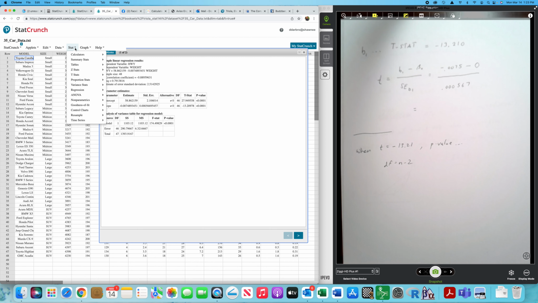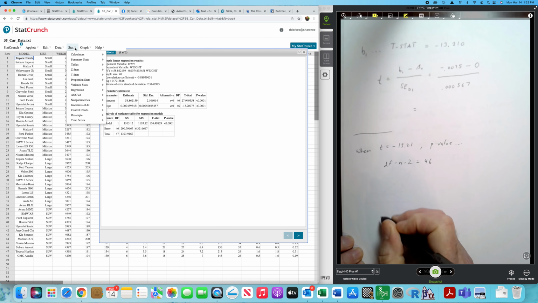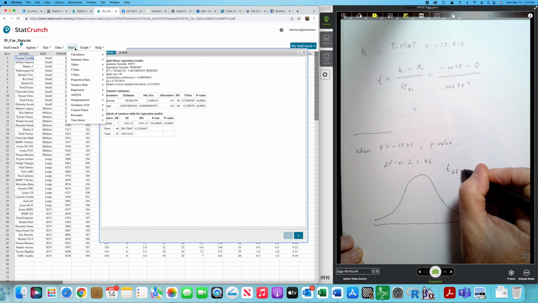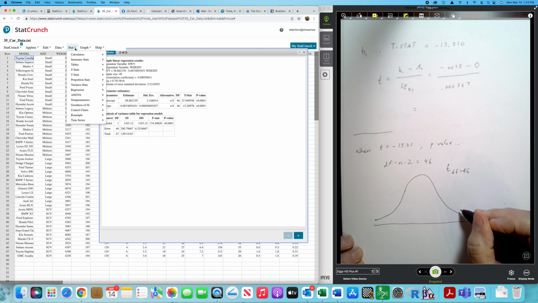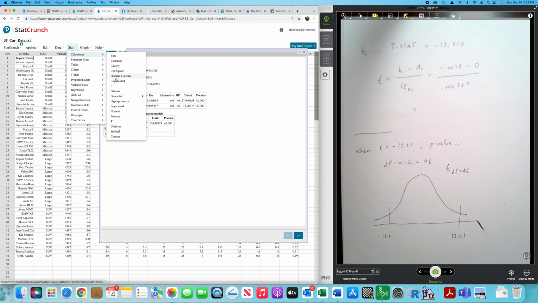I'm calculating this p-value in the t-distribution. Degrees of freedom equal 46, and I need the area to the right of 13.21 and to the left of negative 13.21 because I'm conducting a two-tailed test.